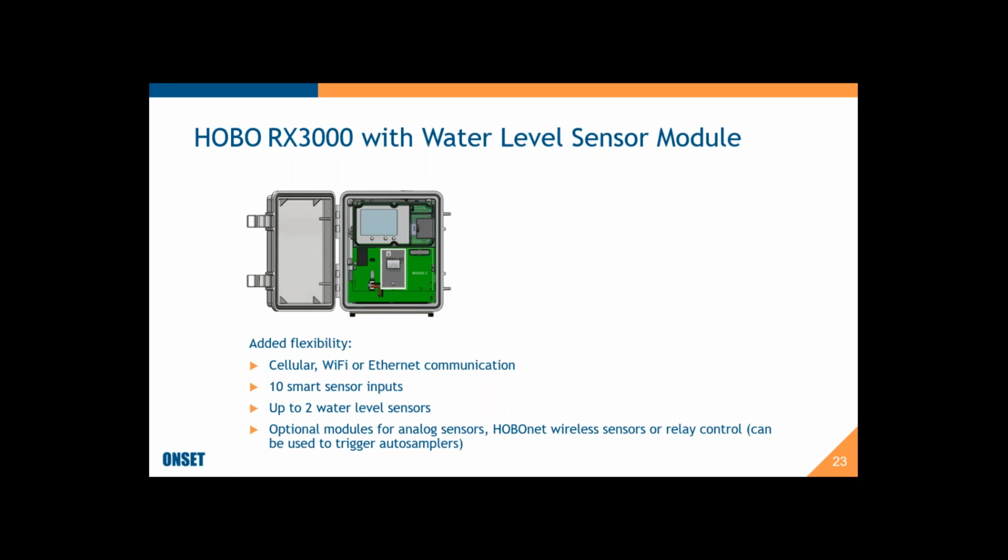They are compatible with the water level sensors from our MX2001 logger. So if you want to convert an MX2001 logger, which has the Bluetooth mobile offload, and you say, well, now I want to use that sensor with a web-enabled station, you can do that. You can take the sensor, but you will need a new cable, and of course, you'll need the MicroRX station to do that.